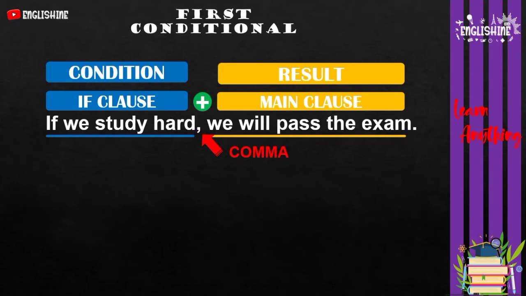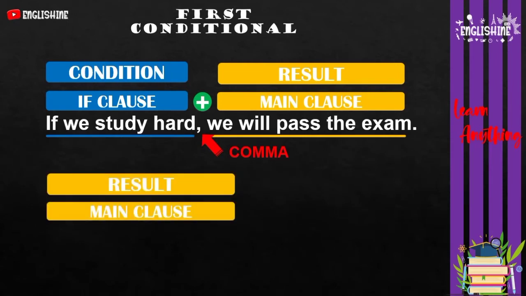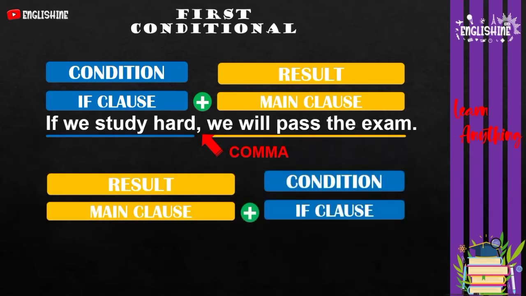So we have seen the order of if clause, comma, main clause, which is the condition plus result. But we can also change the order of the sentence and have the main clause, the result, before the if clause, the condition.